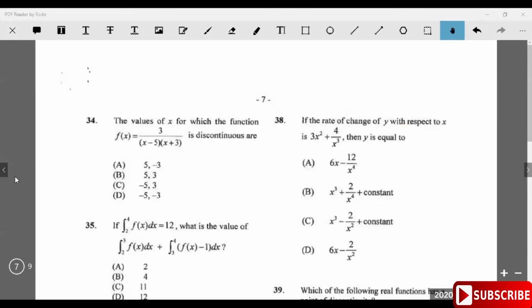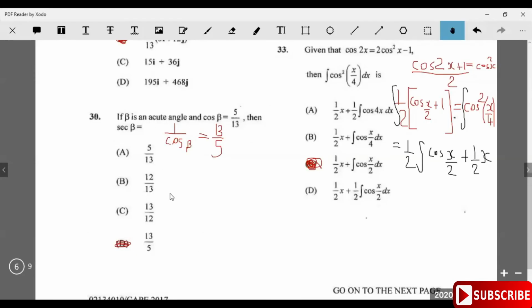So, question 33. Oh, so guys, you see this trick now, look at this. Look at the answer that I wrote down right here. Thank you, Tony, very good. Now look at this, guys. I shaded option C. But look at this, a half integral of cos x over 2. This doesn't have a half right here. Oh, yes, sir.